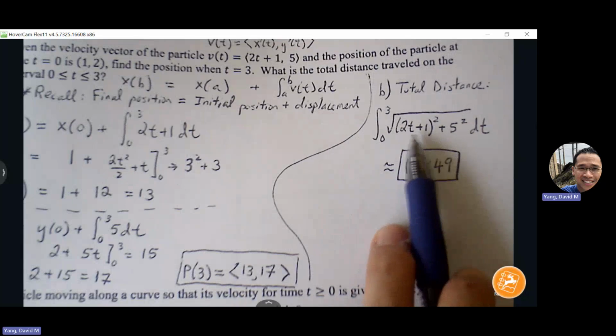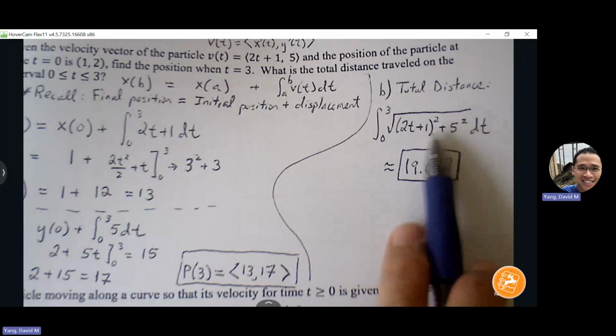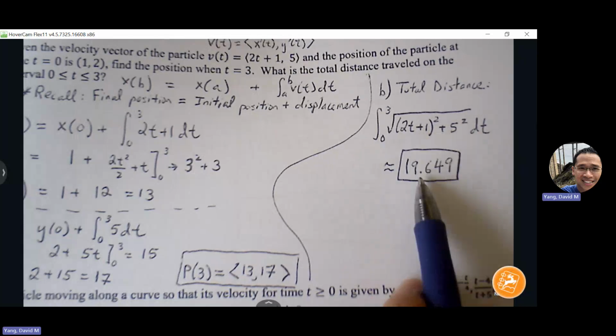If you enter this in your calculator, just still use the variable x, even though you put everything in terms of t. Use x as your variable.